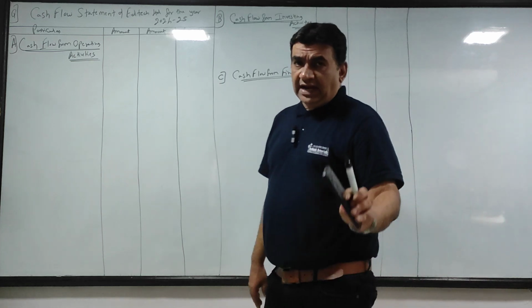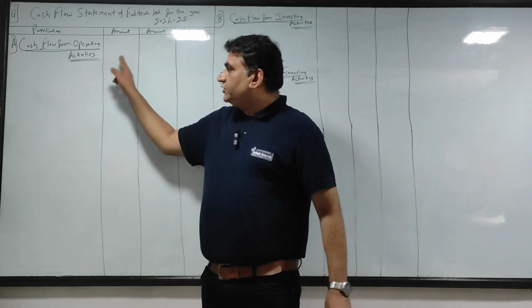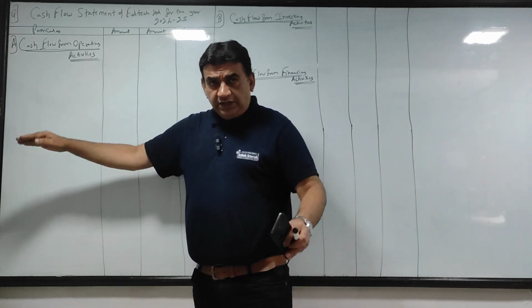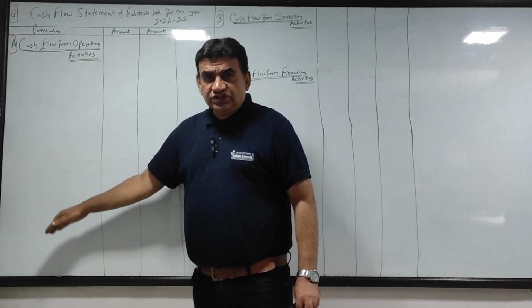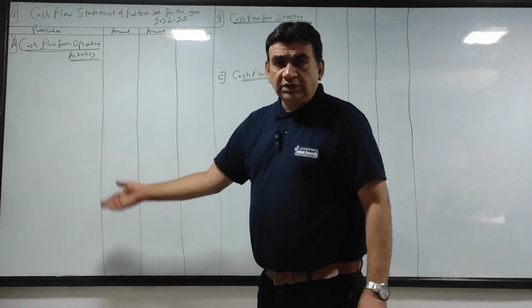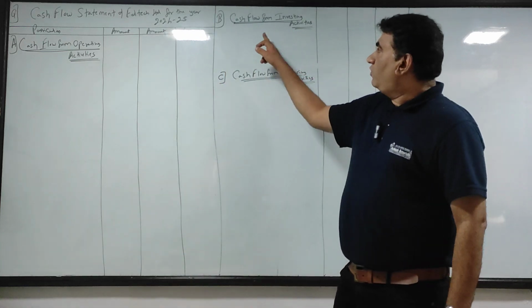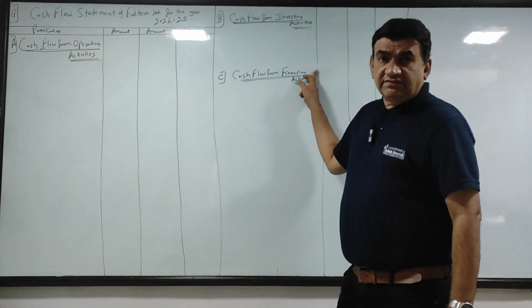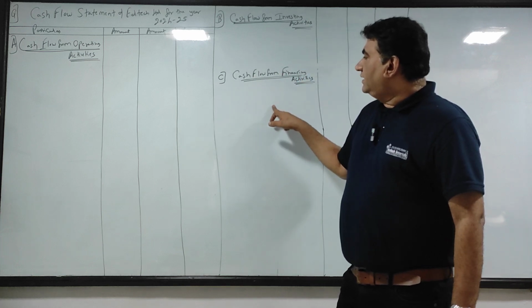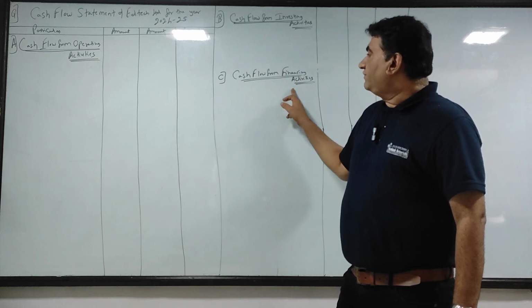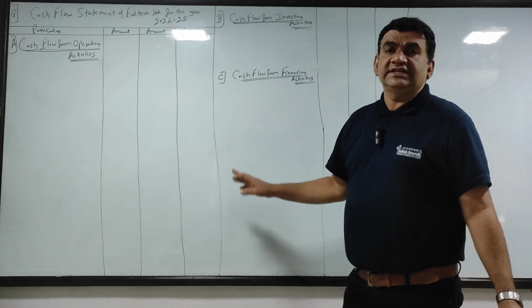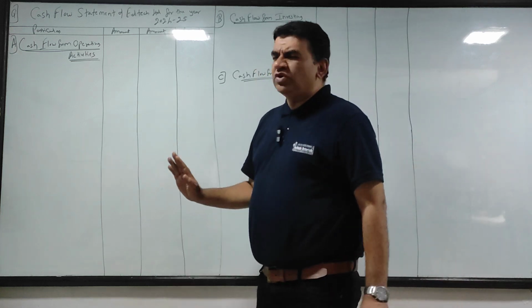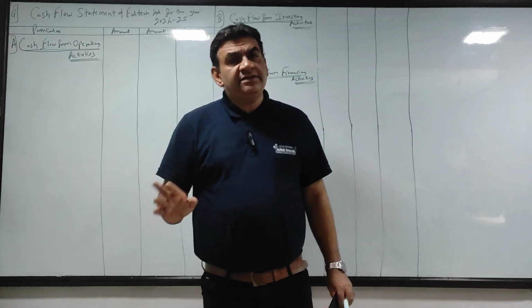So what you do better, I'll tell you the best thing. Cash flow from operating activities, keep 12 to 15 lines. Below that, from the bottom of the page, keep 4 lines for cash flow from investing activities. And after that, on the next page give the heading cash flow from financing activities. It will fit in one page, a little bit congested, but it's okay.